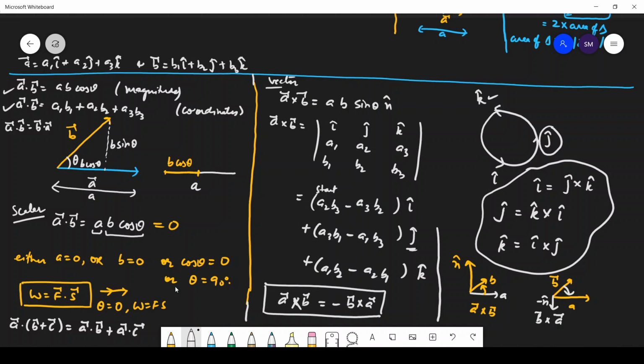If you want to write A cross B plus C, that can be written as A cross B plus A cross C. So don't change the sequence. Any problem? No.